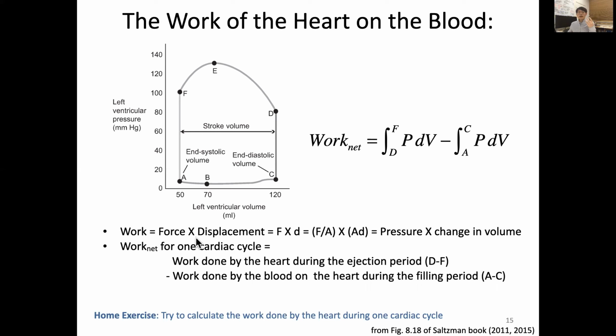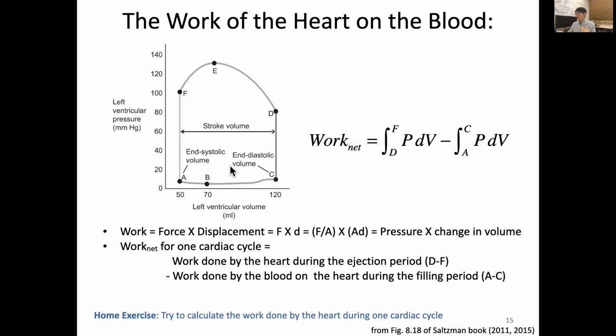So during one net cardiac cycle, what is the work done by the blood on the system boundary of the heart? It is the work done by the heart during the ejection period, which is D to F, and then the work done by the blood on the heart during the filling period, which is A to C. So the net work is D to F of pressure multiplied by volume change, minus A to C of pressure times volume change.